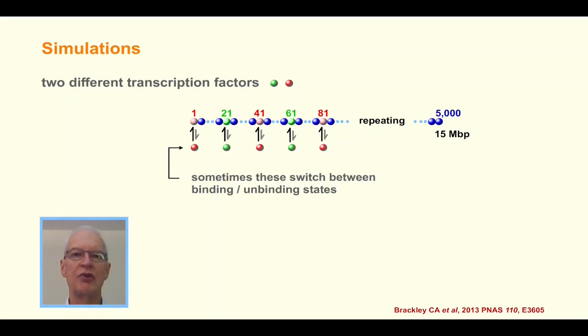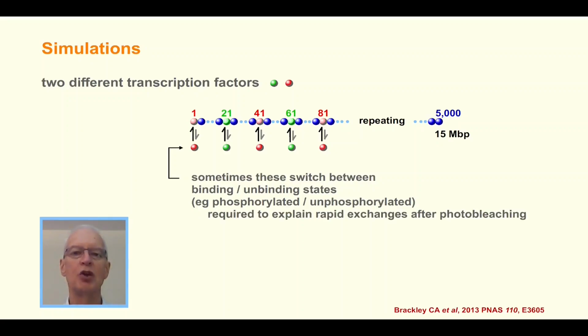Sometimes the red and green factors switch between binding and unbinding states, which is known because many factors, for example, are phosphorylated and dephosphorylated to make them bind and unbind. And we need to include this to explain the rapid exchanges that are seen after photobleaching.